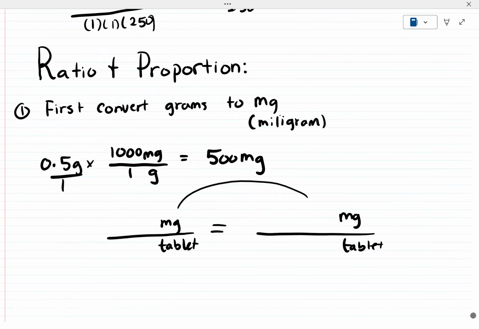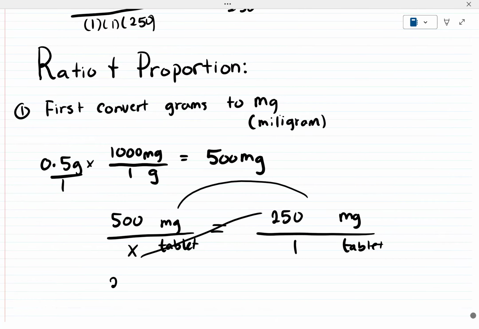We were given 500 mg. We don't know how many tablets to administer, so that is our unknown. And then we were given that for one tablet, there was 250 milligrams. You could also have done 250 over 1 here and 500 over x on the bottom. It would still work out.